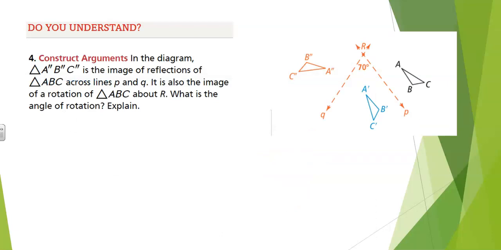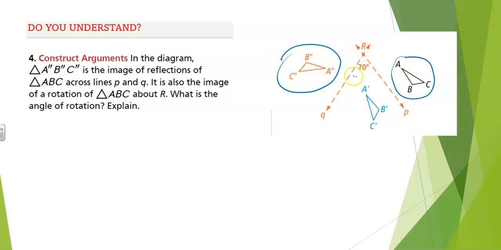This one might be a better picture. If you look at the diagram over here, it's saying that this right here is the image of two reflections of this initial one over here. So the first reflection was along here, and the second reflection is along here.